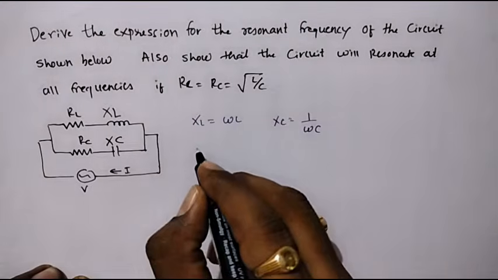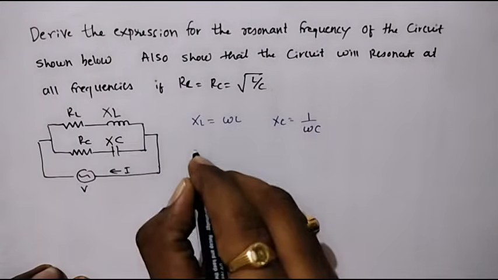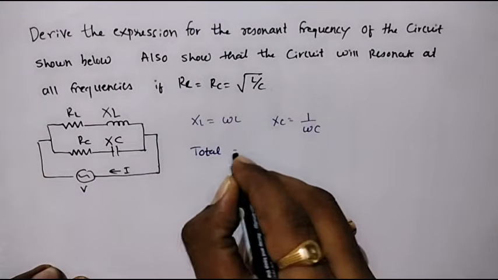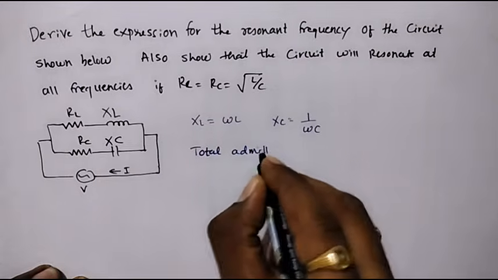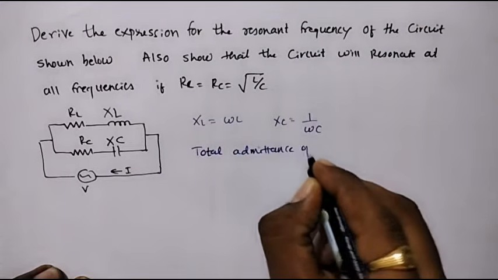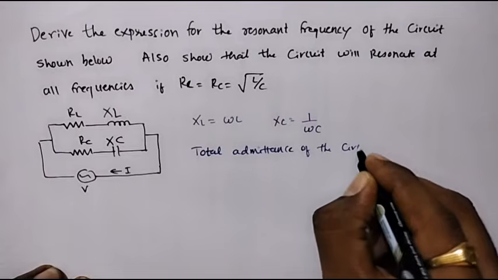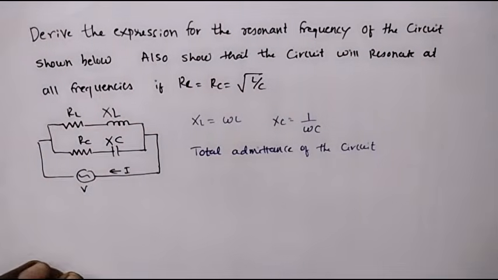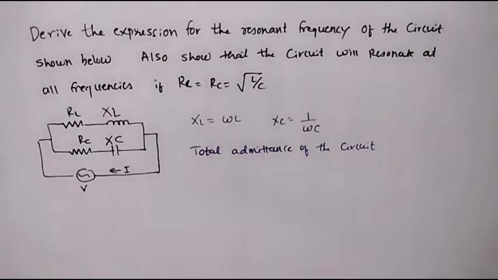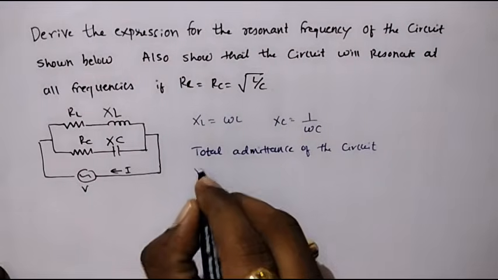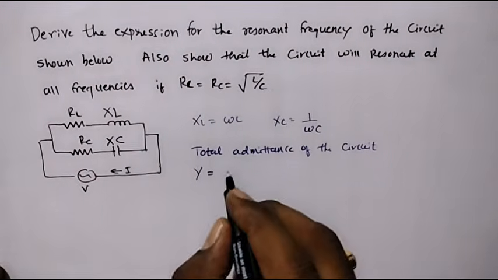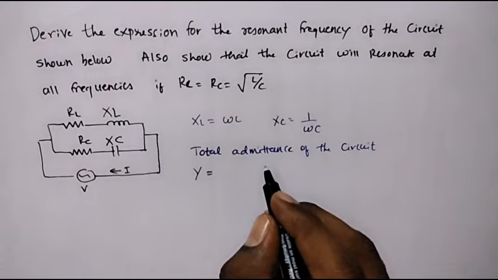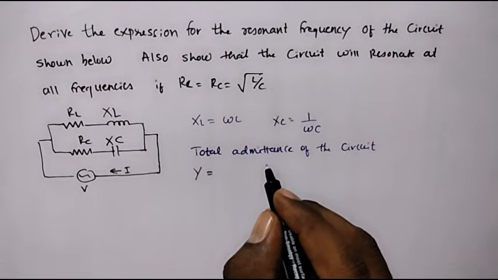We are supposed to calculate the total admittance of the circuit, that is Y. We know that admittance is nothing but the reciprocal of impedance.